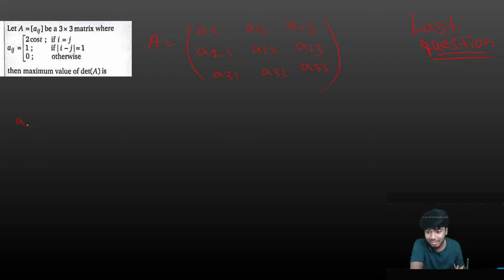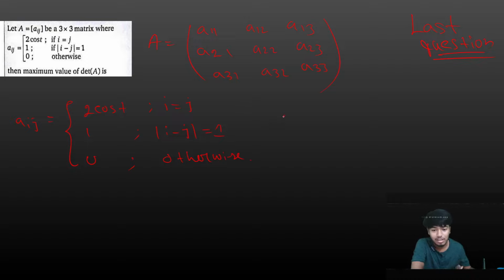And the given that Aij equals to nothing but 2 cos t when i equals to j, 1 when i minus j is 1, and 0 when otherwise.